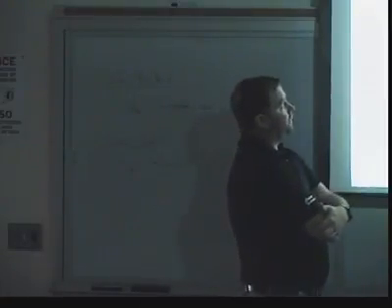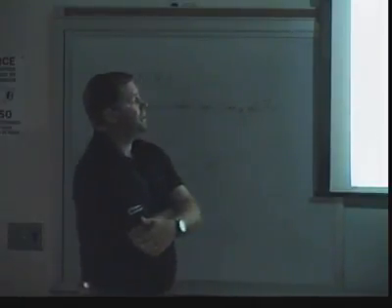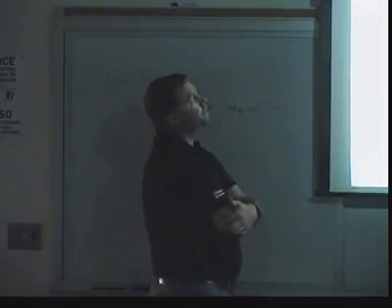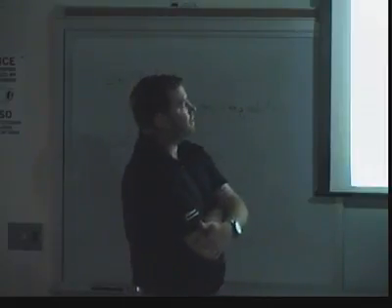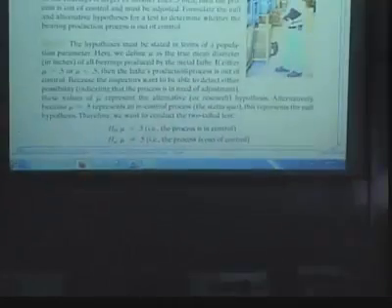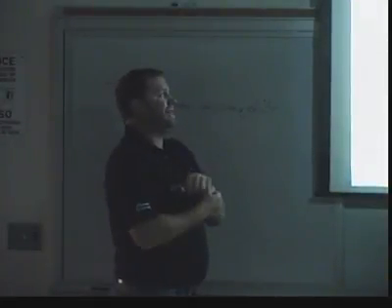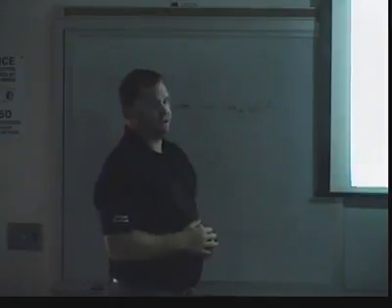Formulate the null and alternative hypothesis for a test to determine whether the bearing production process is out of control. The hypotheses must be stated in terms of a population parameter. Here it is, there's the giveaway right there, right? The word mean. Mean is the giveaway. So we want to know if the population of all bearings has a diameter of 0.5 inches, right?